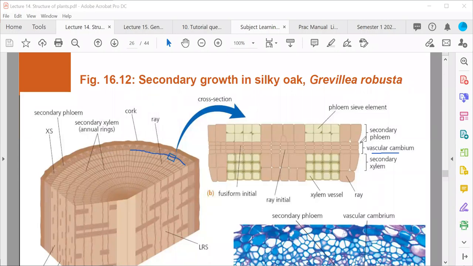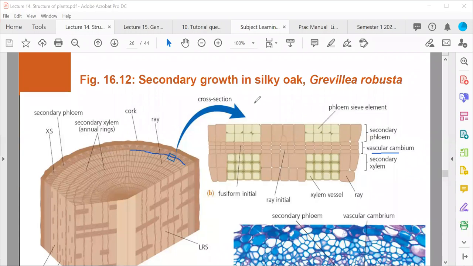Same sort of thing. All right, they're meristematic cells, undifferentiated, and they will divide to produce secondary phloem to the outside of the vascular cambium and secondary xylem to the inside of the vascular cambium.